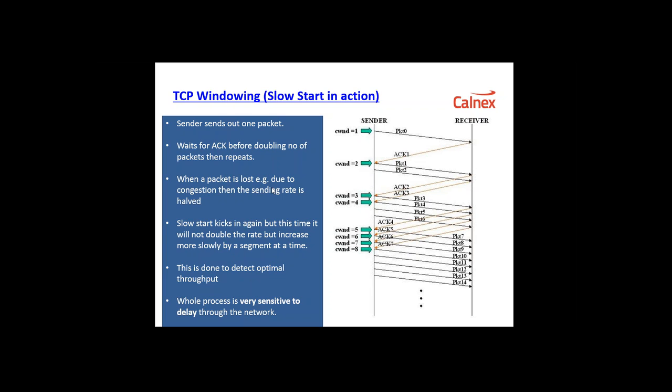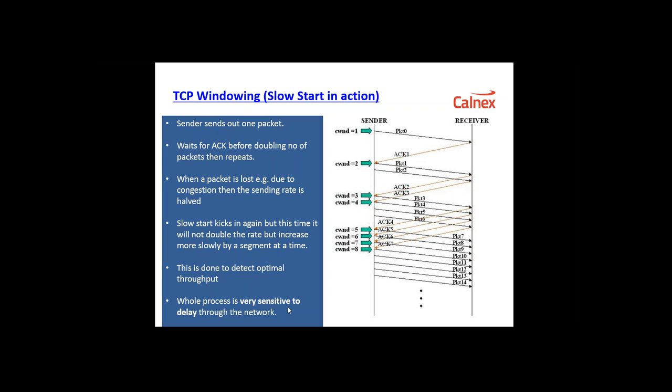In fact, when a packet is lost, whether it's congestion or takes too long, the sending rate is actually halved. And then when slow start kicks in again, it doesn't double the rate, but increases it more slowly. So for example, it goes from 1, 2, 4, 8, 16, and so on, and it goes up to a certain level, and then if it hits a problem, it halves it, and then tries to detect the optimal point by slowly increasing the packet rate.